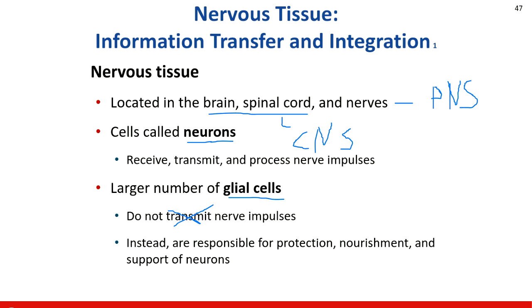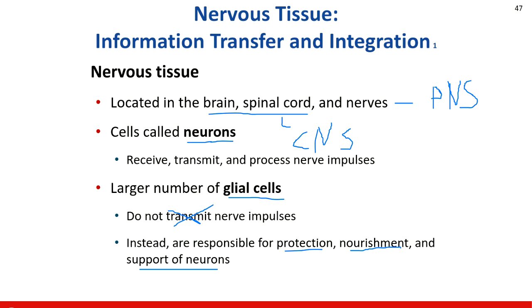The neurons do that. But they help to protect, they help to provide nourishment to the neurons, and they'll support the neurons. And in some cases, if a neuron dies and starts to degenerate, they'll fill in the space where the neuron once lived with scar tissue.